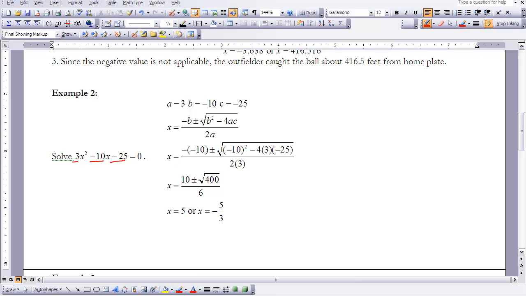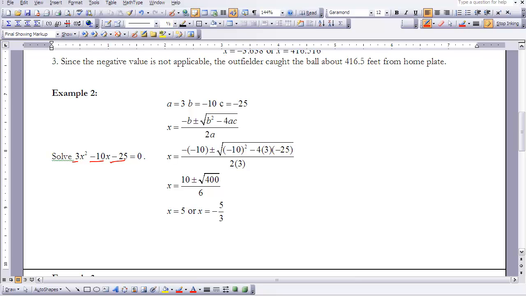When we take a look at that, the opposite of negative 10 gets me 10. Negative 10 squared is 100, minus 4 times 3 times negative 25. So that's going to give me 400 under the radical and 6 in my denominator.